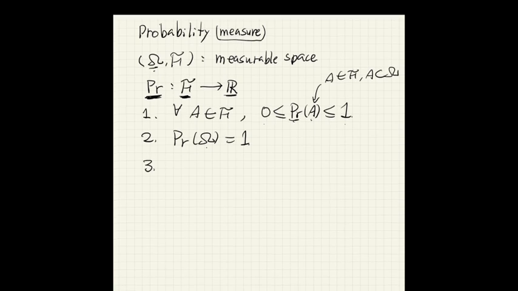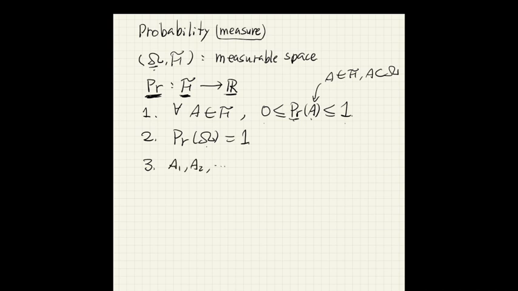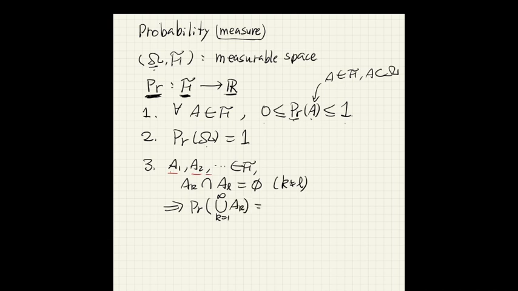Third condition. If A1, A2, and so on are elements of F such that A_k intersection A_l is the empty set if k and l are different, so that means these subsets are mutually disjoint, and if that's the case, then the probability of the countable union of all these is expressed as the sum of the probability measure of each event.